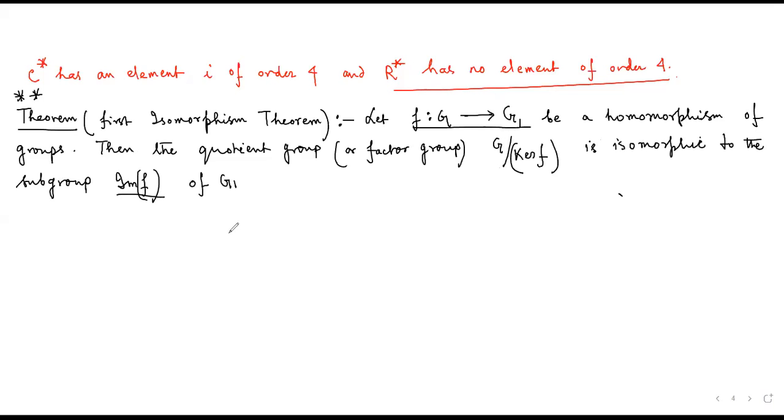So here is the diagram for you. Suppose we have capital G, and here is an element small a, I'm showing it. And here is your set capital G1. We are defining a function like this from G to G1.